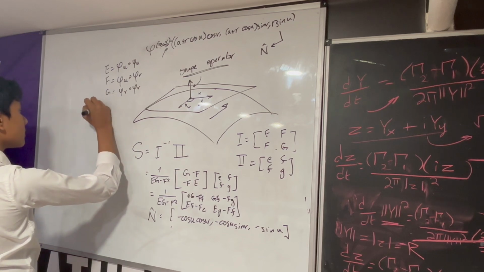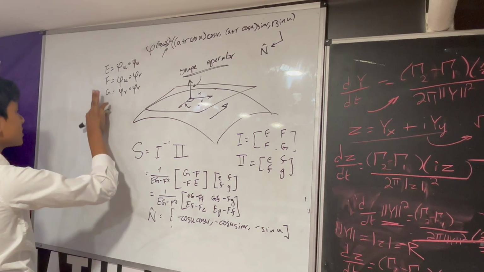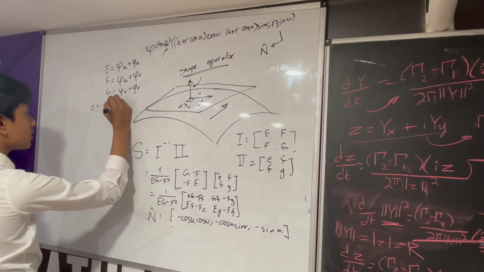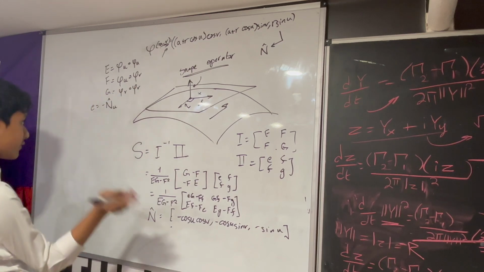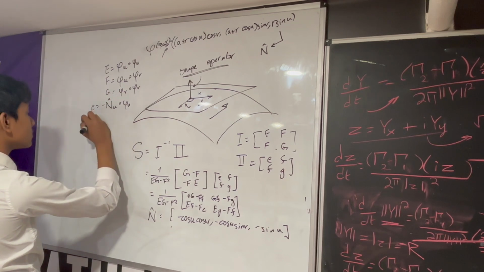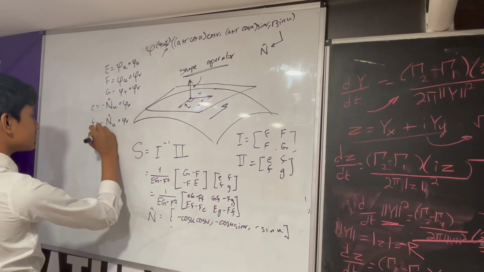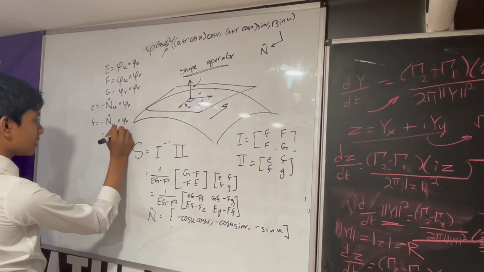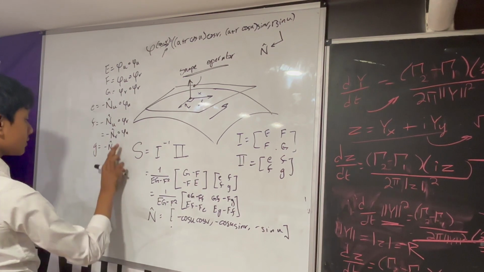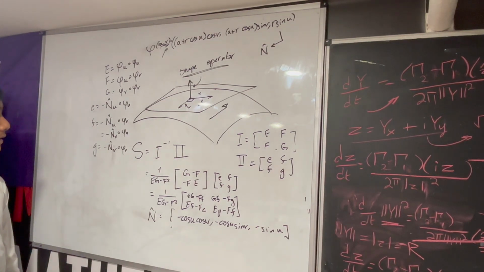Then little e, and this is where our unit normal field comes into play, is equal to minus the partial derivative of the unit normal field with respect to u, dotted with phi u. Little f is minus nu dot phi v, which happens to be equal to the same thing the other way around. And little g is minus nv dot phi v.